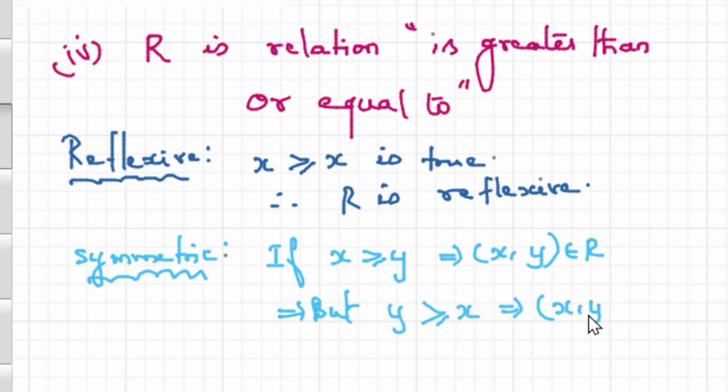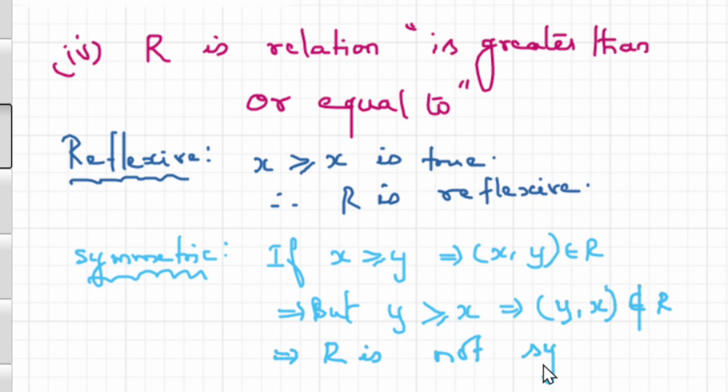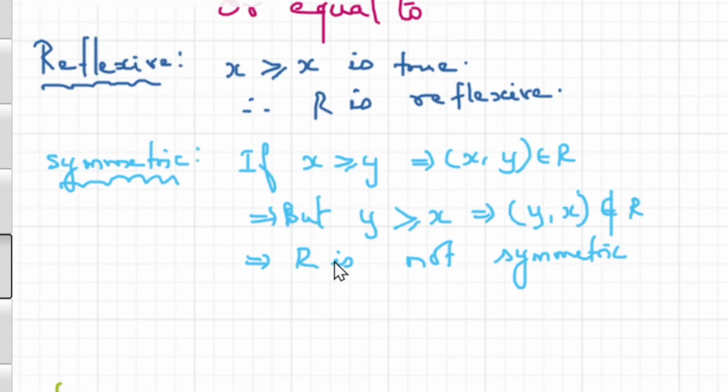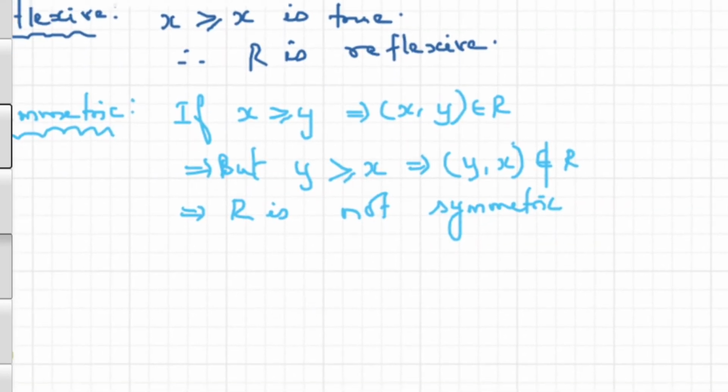So y comma x does not belong to R. That implies R is not symmetric. And then we'll have the next one, transitive.